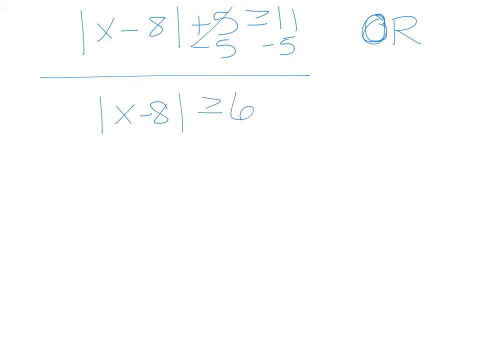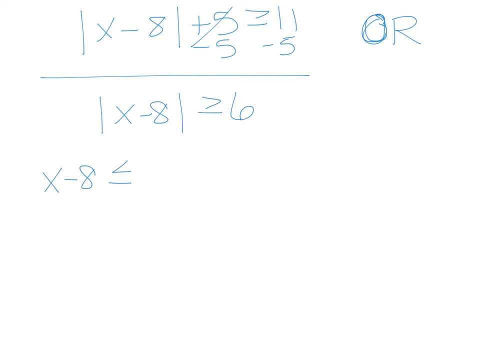And so my two inequalities now are going to be, we don't need absolute value anymore. Okay, it's going to be x minus 8. I'm removing my absolute value bars because I'm setting up my two statements right now.